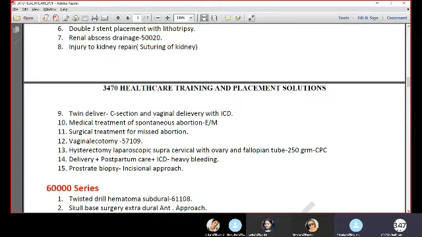Suppose you put second trimester missed abortion, DNC, second trimester. You can go with the code first in that page, then you can look and tell. 59821.